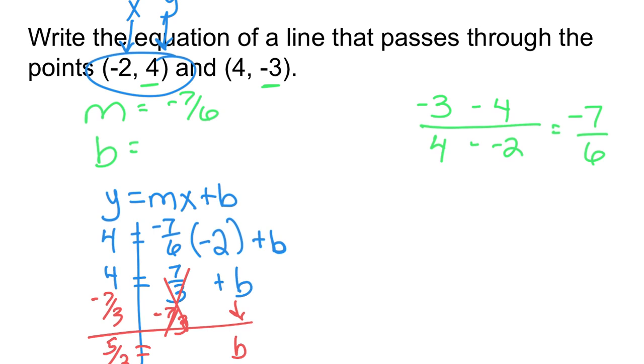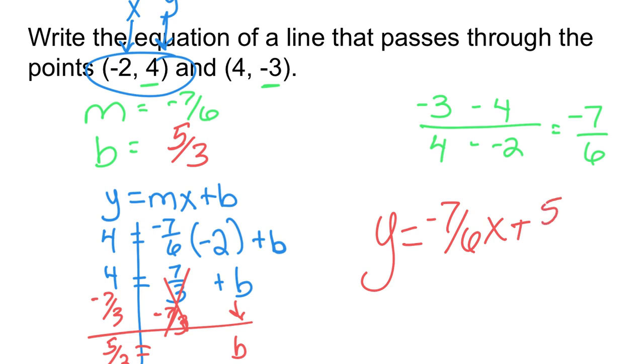Again, if you and fractions are not friends, you could do that in a calculator. So my b is 5 over 3. And so the equation, now that I've got both those pieces together, is y equals negative 7 over 6x plus 5 over 3.